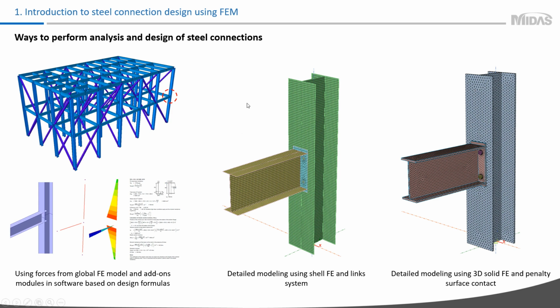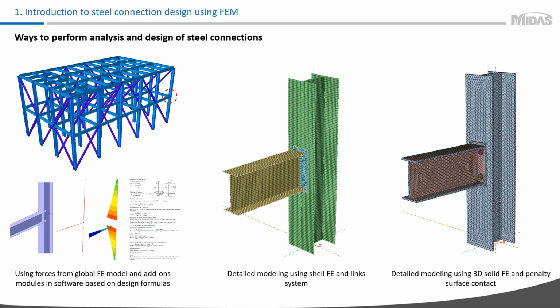If we talk about connection design and analysis using the finite element method, several ways can be presented. The first way is commonly used and is based on global finite element analysis of the whole structure.